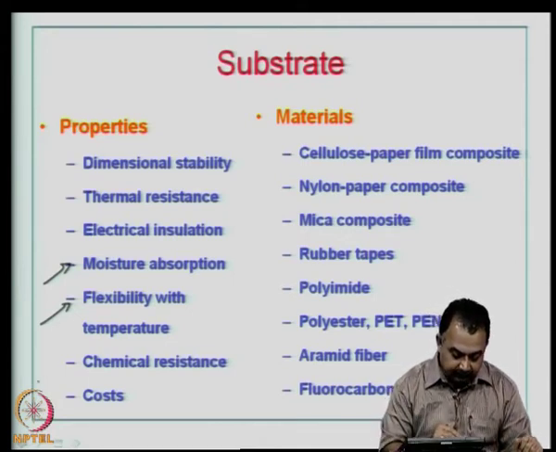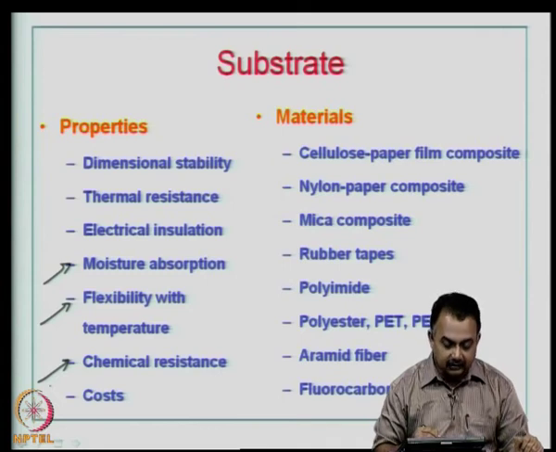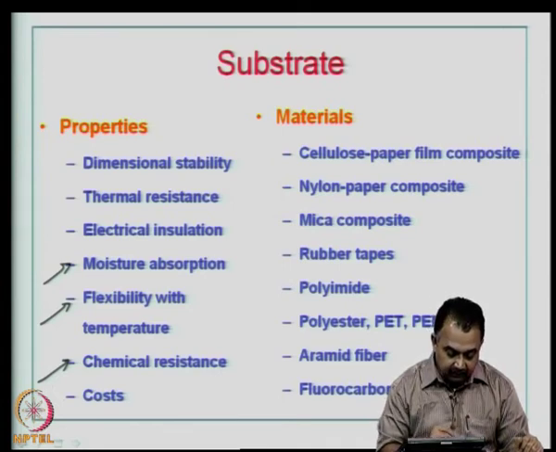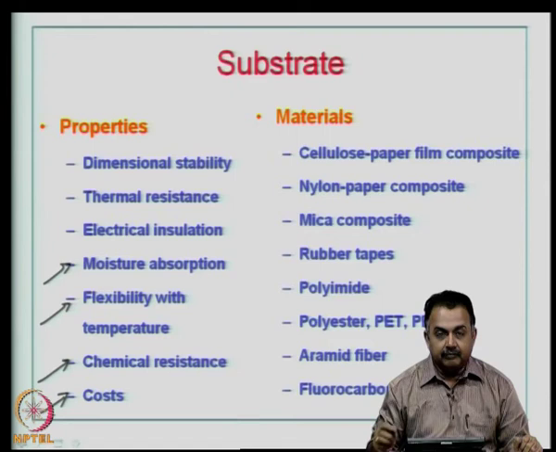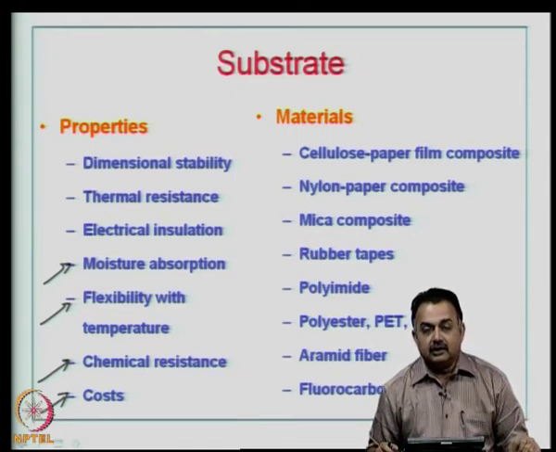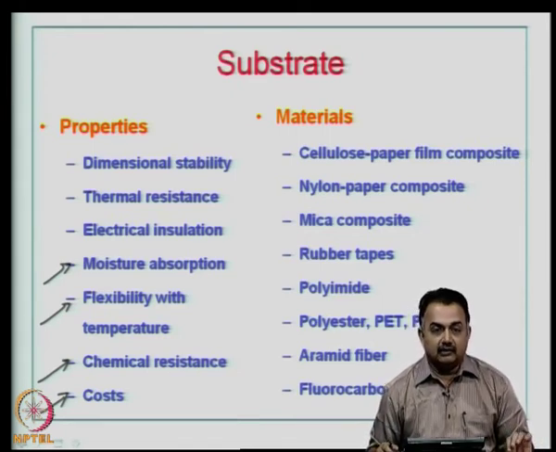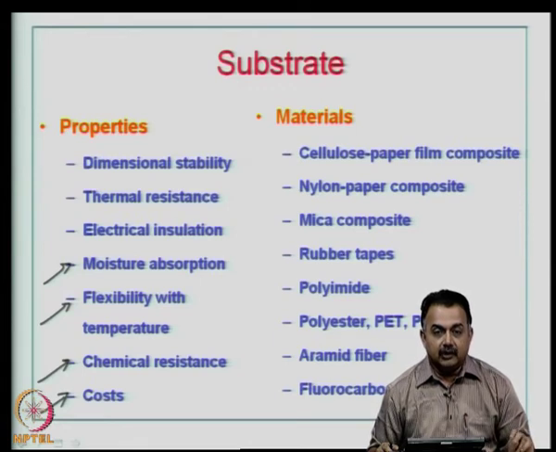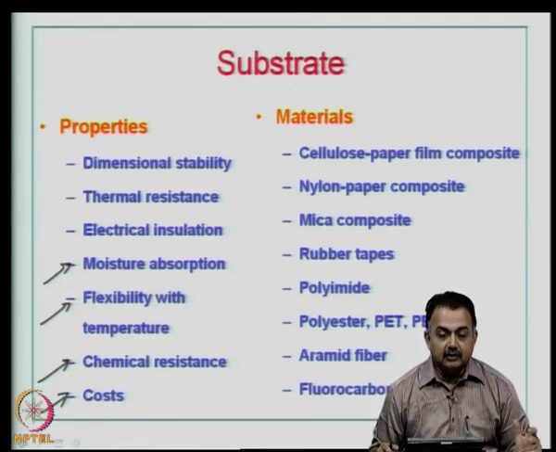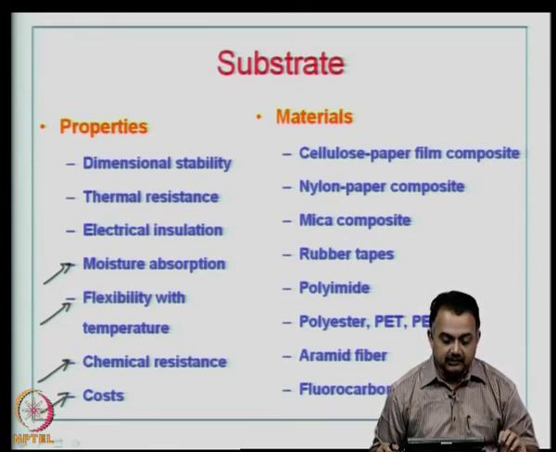Chemical resistance, again, issues that we have seen in rigid PCBs, and cost obviously is an issue, because certain products require thinner structures which cannot be met by the rigid format. So, the obvious choice is to go for a flex PCB.